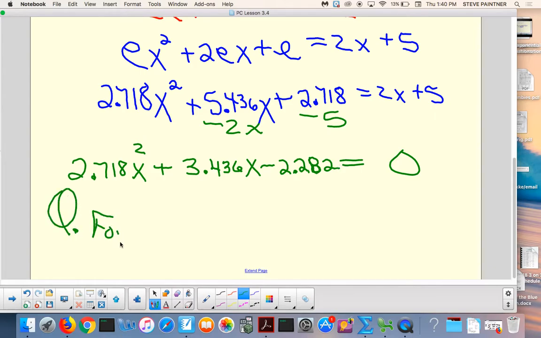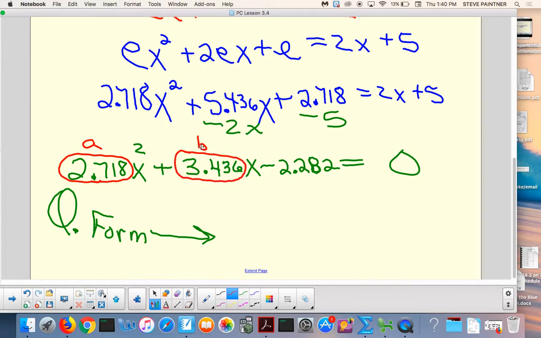Only 6 people from period 5 got this right, so be careful. Where's your A value? Right there. There's A. Your B value. Your C value. And this is just really good practice, just to see if you can do it.